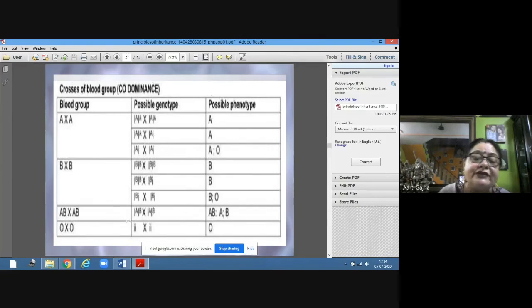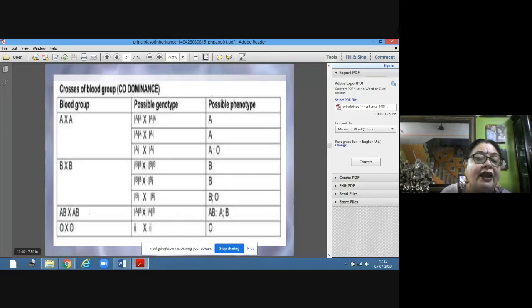If one is contributing A and another is also contributing A, the blood group of the child would be A. If both are contributing IB, the child will have B blood group. So AB, A and B, these three can be the possible phenotypes of children of parents having AB blood group.